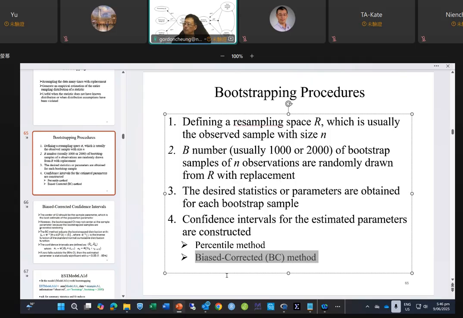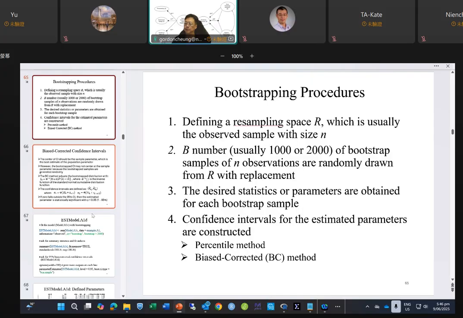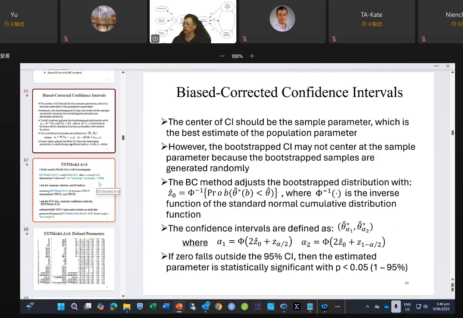But in fact, if you use the bias corrected method, it may inflate to 7%. The benefit is that it has higher power. So either way, you can use the percentile method or the bias corrected method; both are acceptable. In SEM, when we test indirect effects, typically we will use the bias corrected confidence interval. You don't need to worry about all these complicated equations.